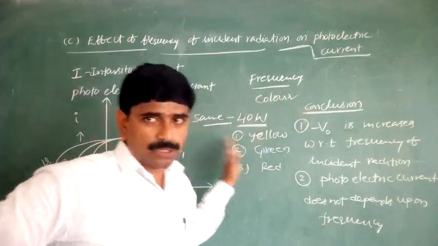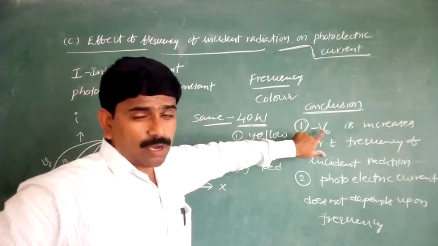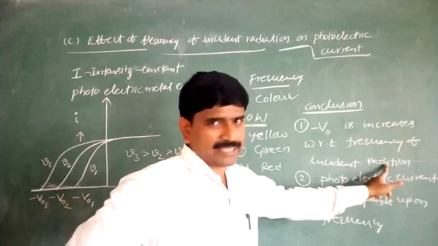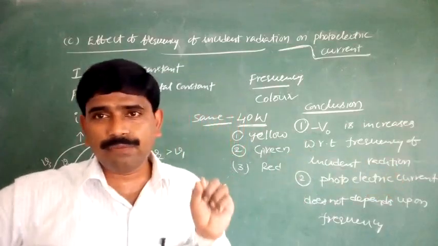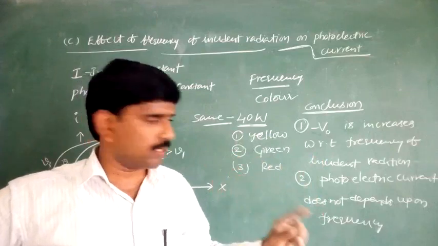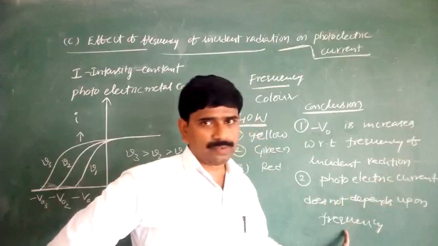So what are the conclusions from the third part? First, the stopping potential increases with respect to the frequency of the incident radiation. Second, the photoelectric current does not depend upon the frequency.